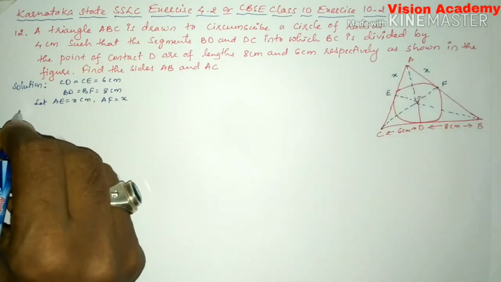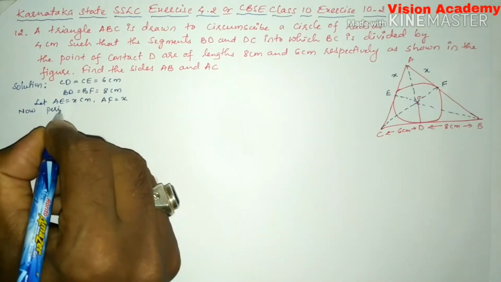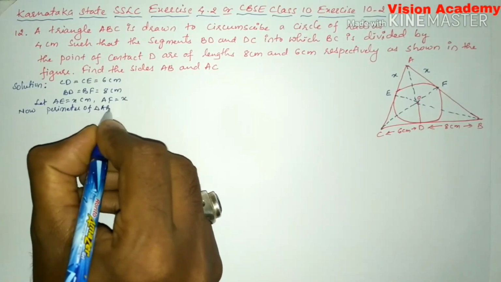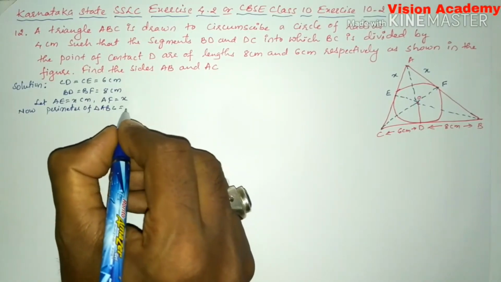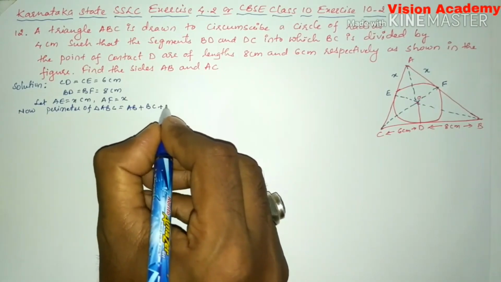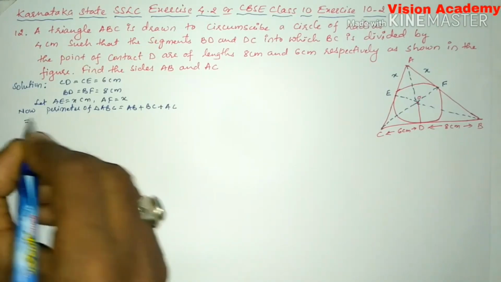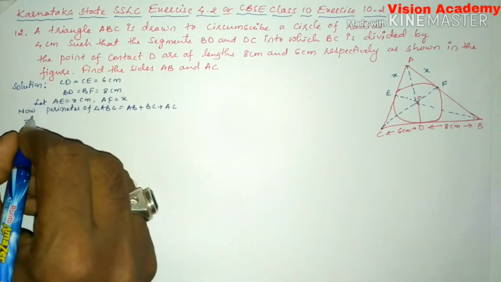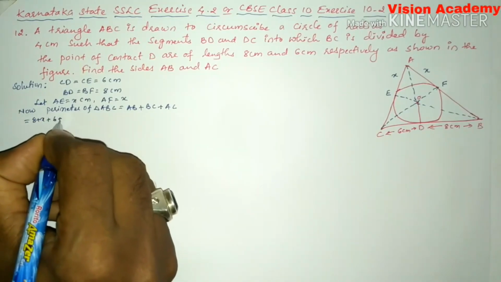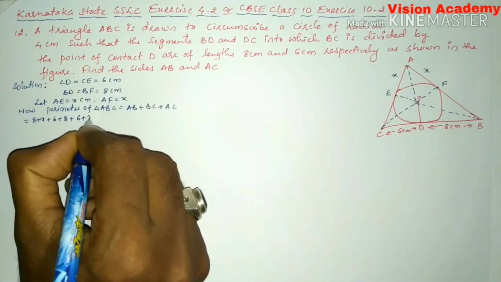Now we know that perimeter of triangle ABC is equal to AB plus BC plus AC. Here we will write AB is 8 plus x, BC is 6 plus 8, AC is 6 plus x.